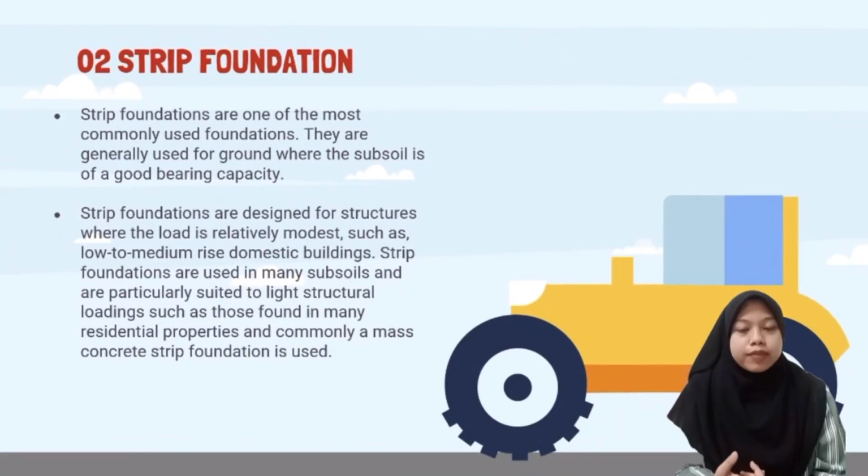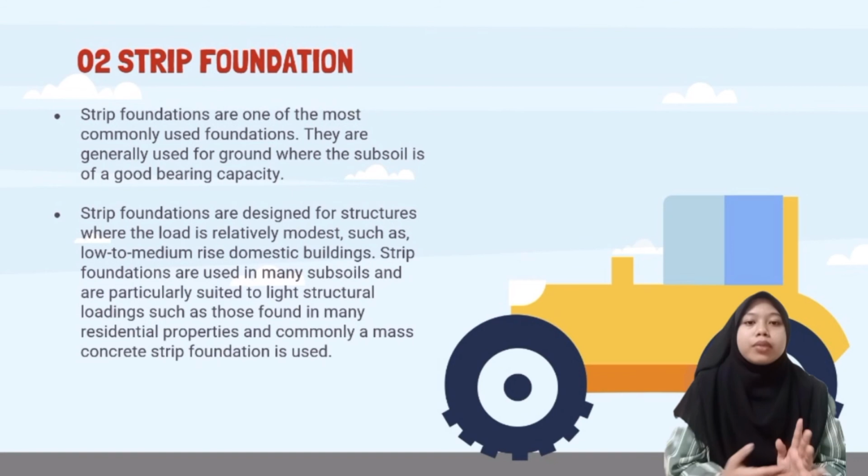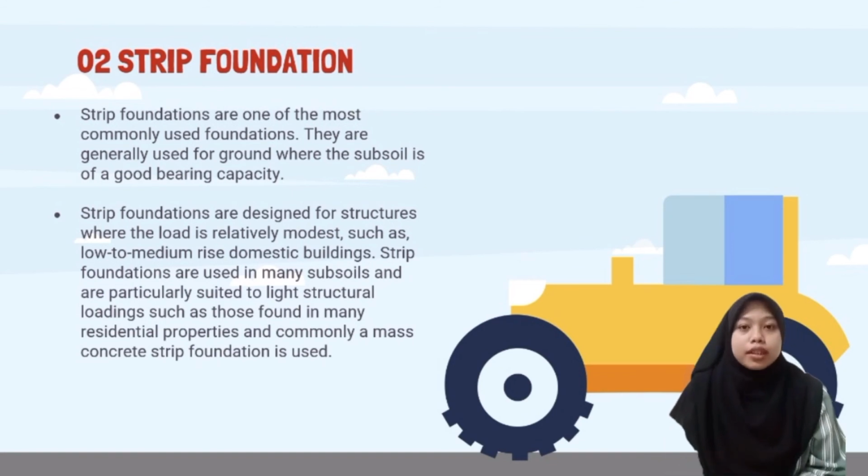Second, strip foundation. The strip foundation is one of the most commonly used foundations. They are usually used for soil where the underground has a good bearing capacity. Strip foundations are designed for structures where the load is relatively modest, such as low to medium rise domestic buildings.